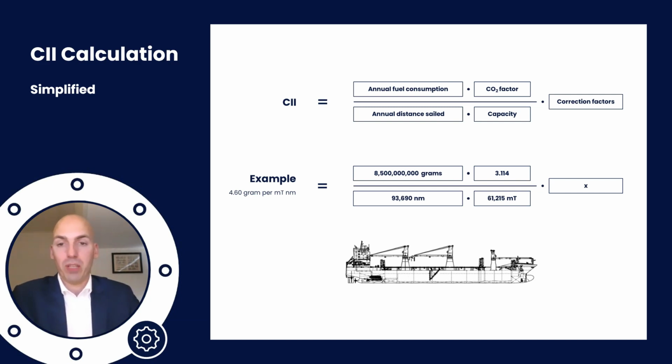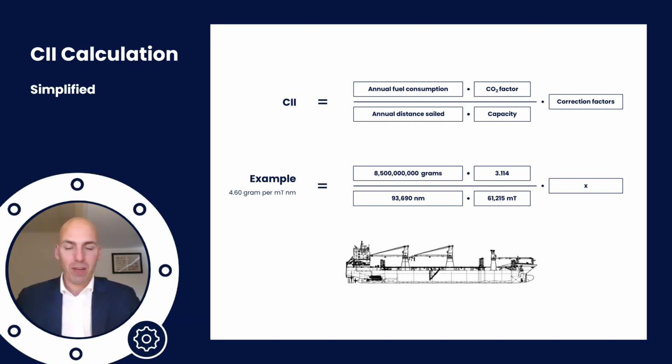So we get 4.6 grams CO2 emitted per nautical mile metric ton. And as you can see here already, that's kind of like the efficiency factor of the vessel. So the higher your CII, the worse it is, and the lower, the better it is, because you emit less CO2.